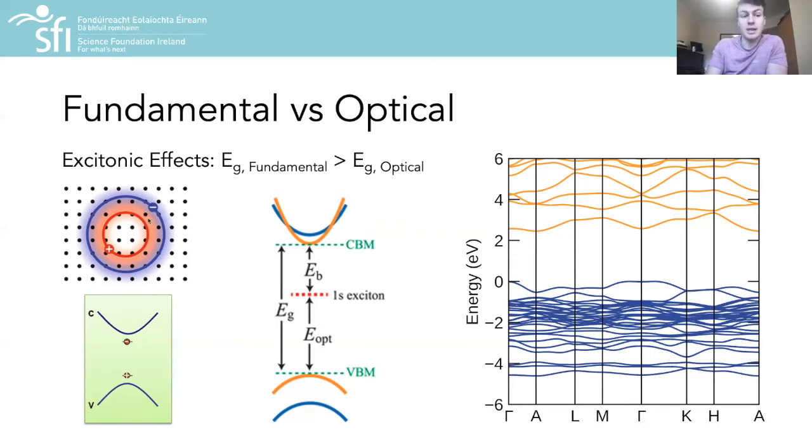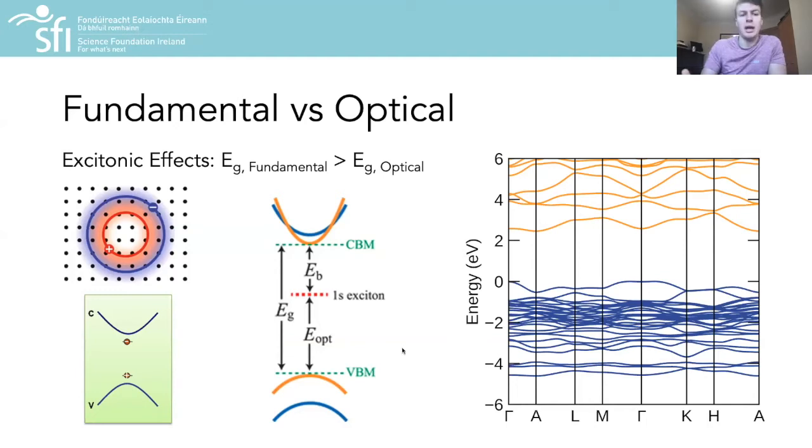Because of this attraction, you get a lowering in energy, and you end up with a state that is actually lower in energy than, say, your conduction band minimum. If these species exist in your material, you will often measure an energy gap which is lower in energy than the fundamental gap. We call this the optical gap, because this is what is measured by the optical techniques.